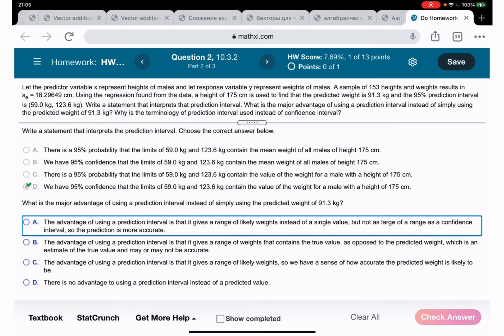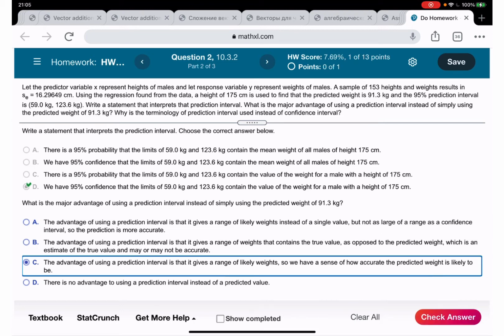So we have a sense of how accurate, yeah, it would be this one that will fit. Prediction interval is that it gives a range of likely weights.